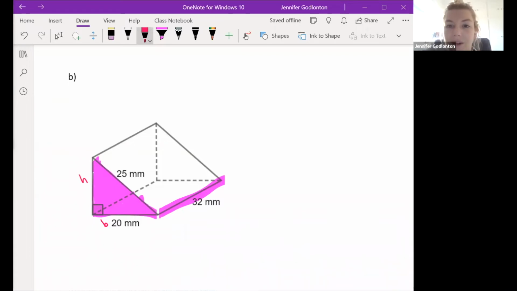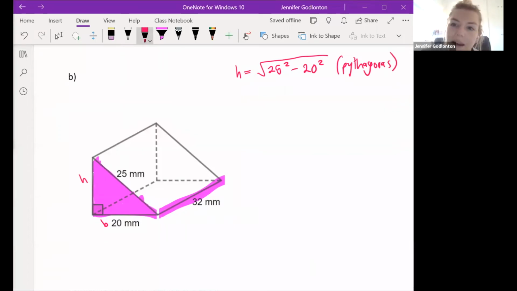So I'm going to do it the quick way, but remember, you can always do it the long way. h is equal to the square root of 25 squared minus 20 squared. And my reason for that is Pythagoras. We can stick that straight into our calculator exactly like that, and we get 15 millimeters. So if you did it the long way, you should still get the same answer, 15 millimeters.